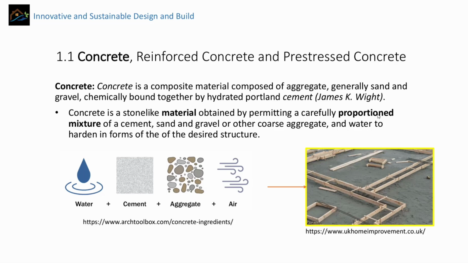As you see, the desired structure might be columns, beams, floors and slabs, stairs, walls, foundations, and different types of construction elements. And therefore, we say that these materials should be proportioned carefully in order to get the desired properties of the concrete.